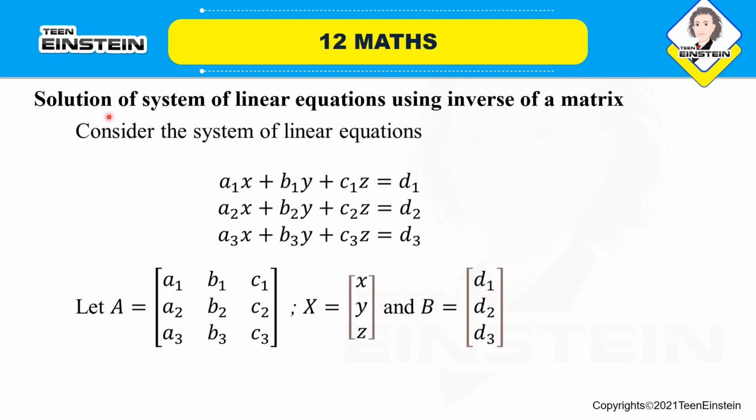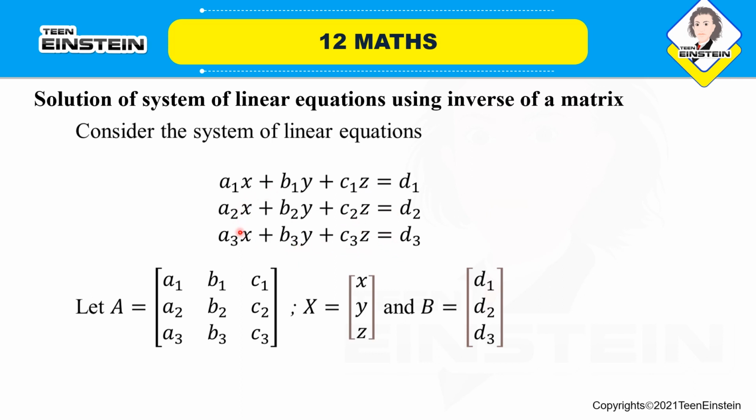Now I move on to solution of system of linear equations using inverse of a matrix. So we are going to solve the given system of linear equations using the concept of inverse of a matrix. For that, we consider the system of linear equations a1x plus b1y plus c1z equals d1, a2x plus b2y plus c2z equals d2, and a3x plus b3y plus c3z equals d3.